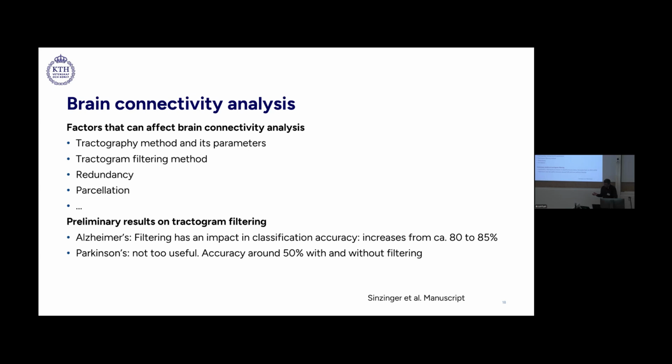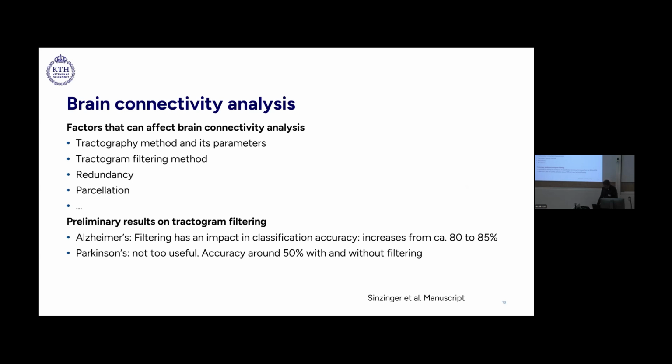So here the idea was to use Alzheimer's or Parkinson's, and then classify the graphs after tractography, and then see the impact of filtering: if you do filtering or not, and see if you can classify the patients in a better way.